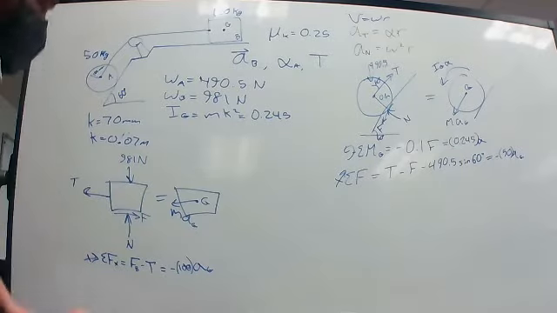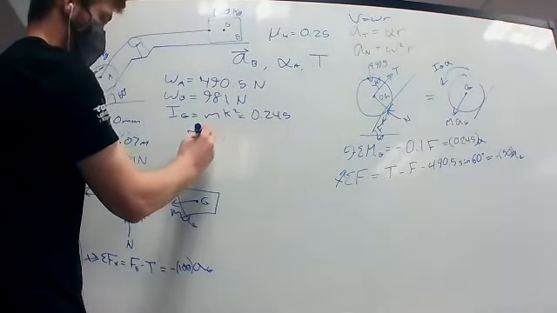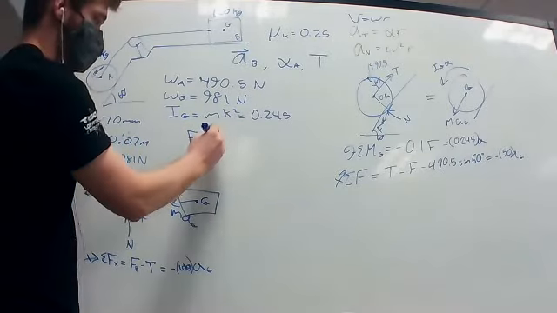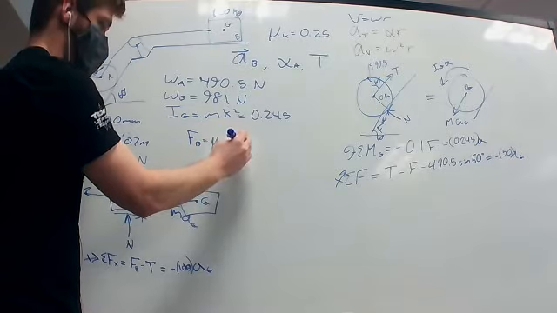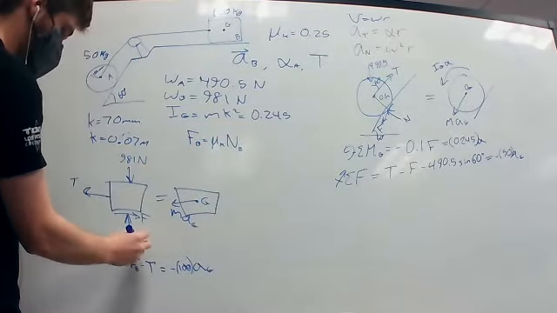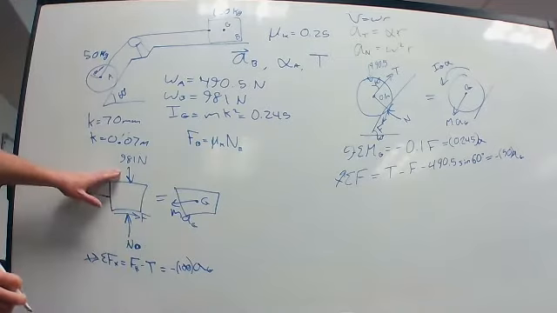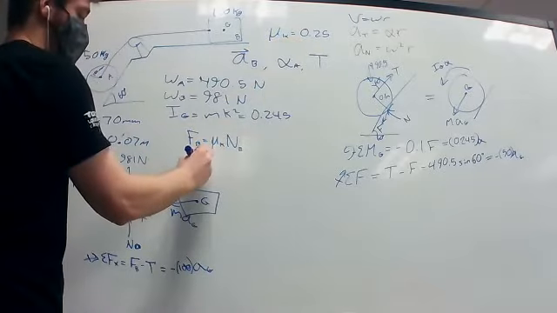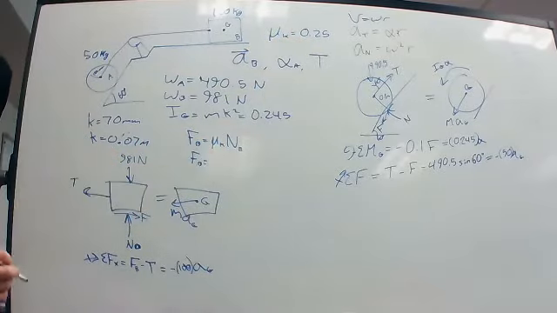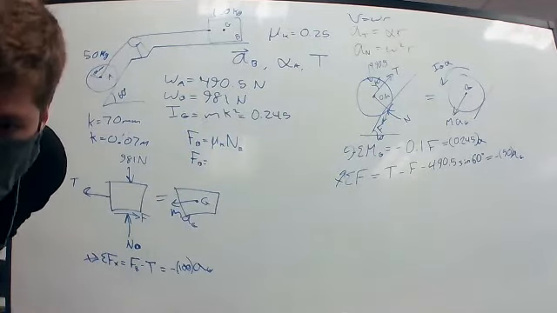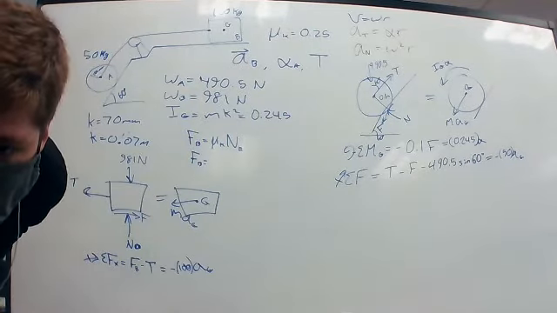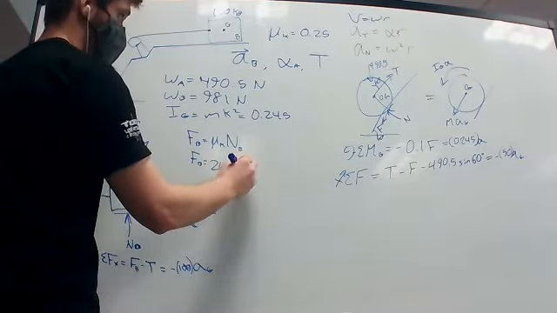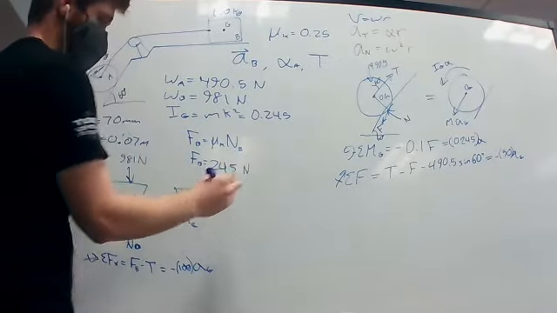And we know that FB is equal to mu sub k times the normal force of the block. The normal force here is just going to be equal to 981. And mu sub k is given to us as 0.25. So FB is equal to 245 newtons.